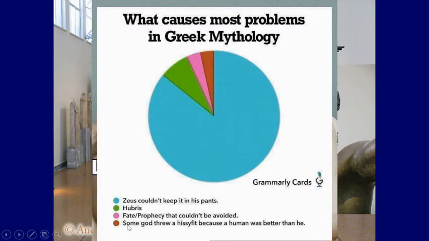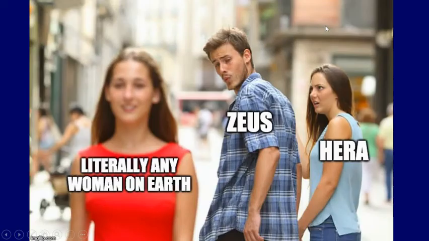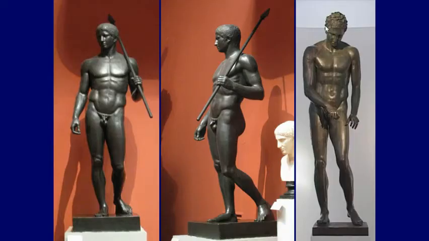Or some god threw a hissy fit because a human was better than he. But then all the blue is caused by Zeus having affairs. So that's what it was like with Zeus. He was not a good boyfriend, husband, or brother, and almost none of the gods were good people.